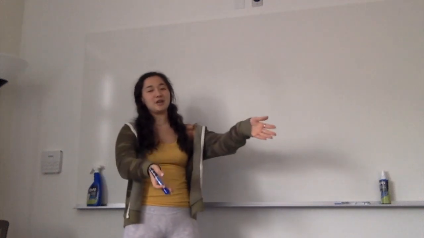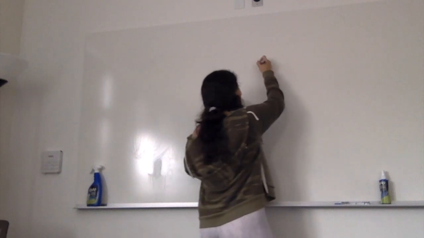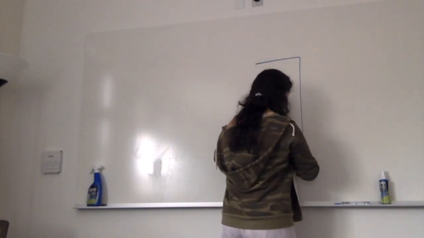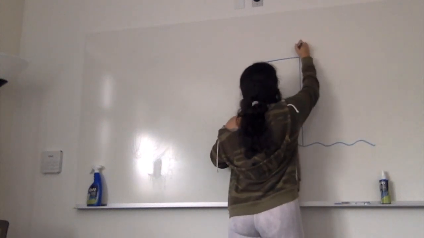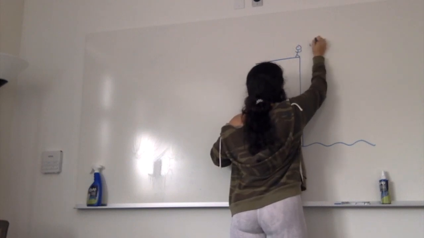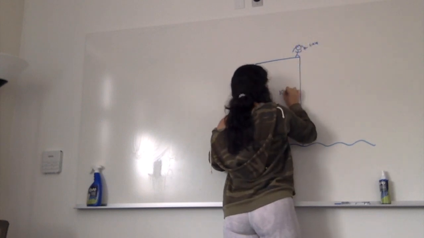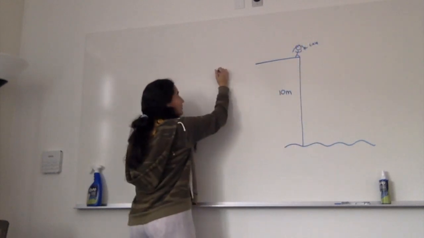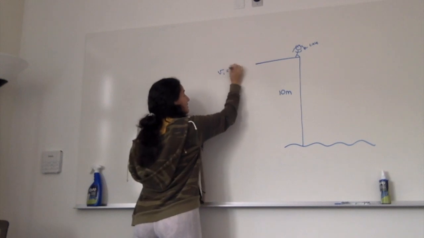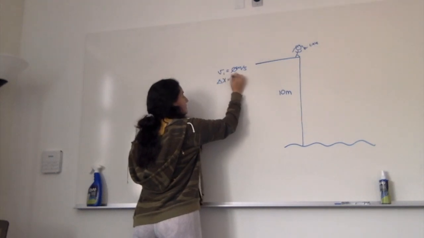Okay, so let's say Liesl now jumped off a diving board that was 10 meters from the water. So we know her initial velocity will be 0 meters per second. Her displacement will be 10 meters.